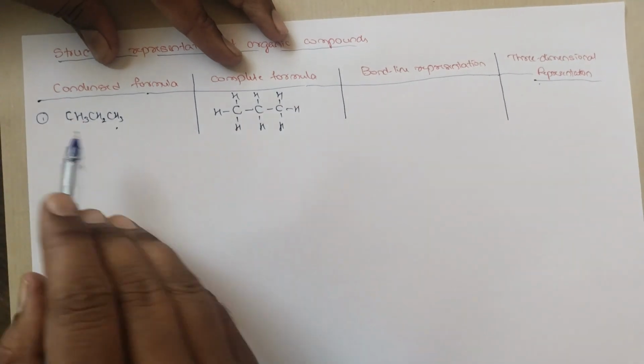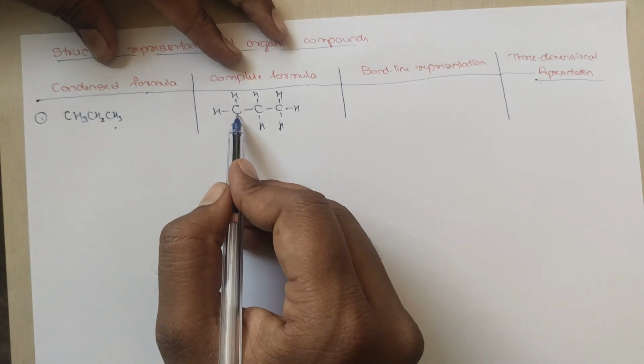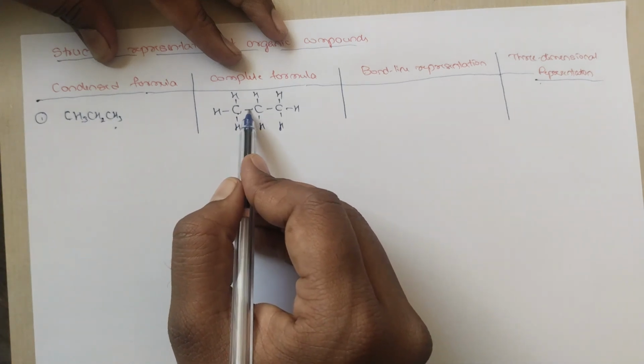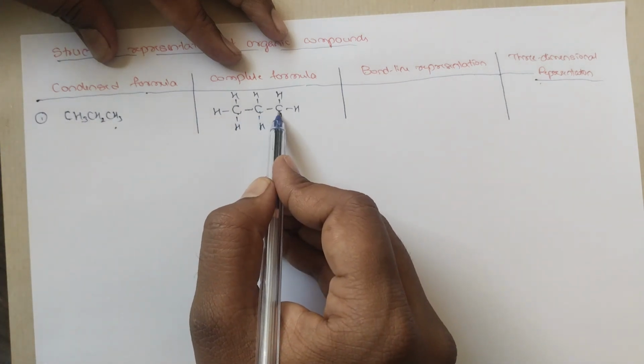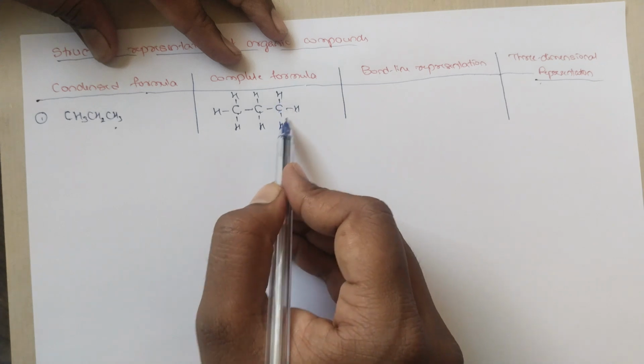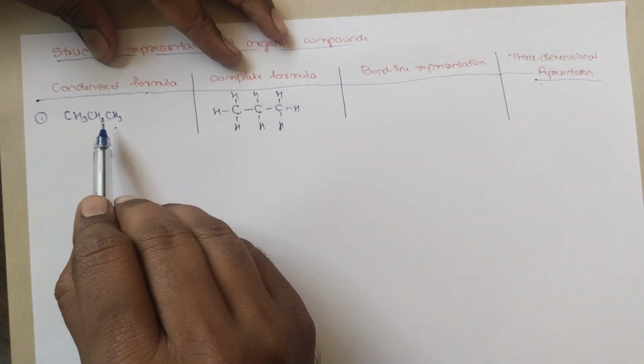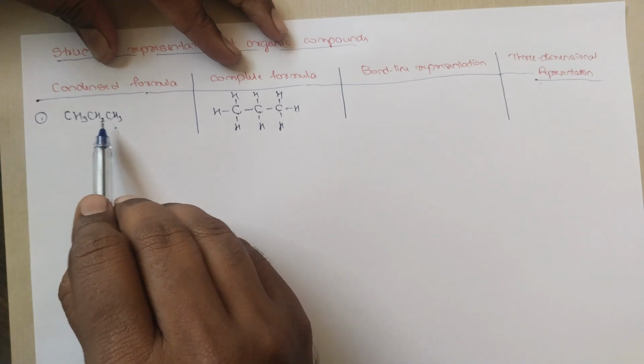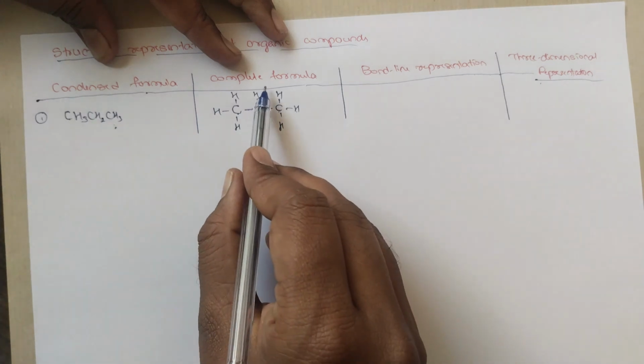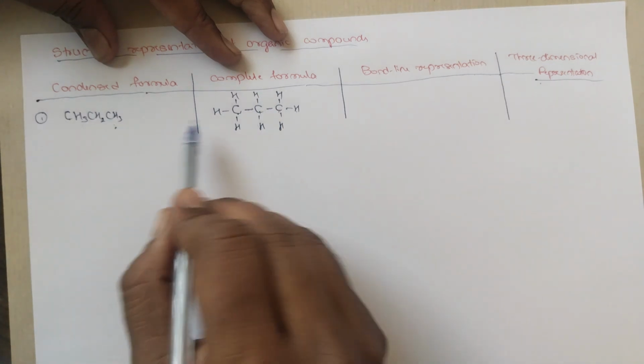This is also propane, this is also propane. This carbon is bonded with this carbon, this is attached to 3 hydrogens, this is attached to 2 hydrogens, this is attached to 3 hydrogens. This is the condensed formula representation of propane. This is the complete formula representation of propane.